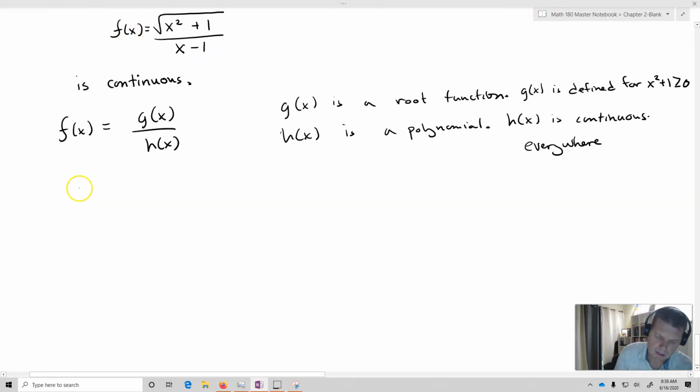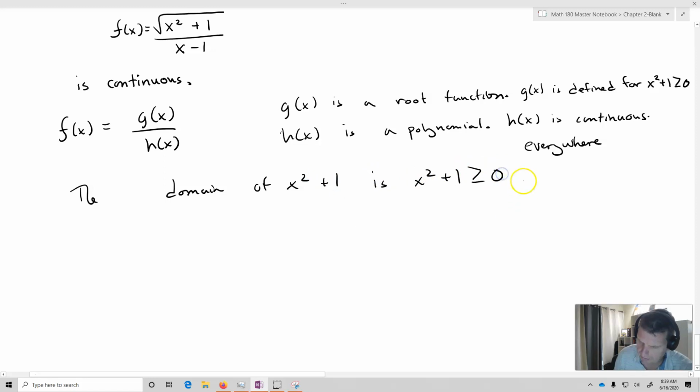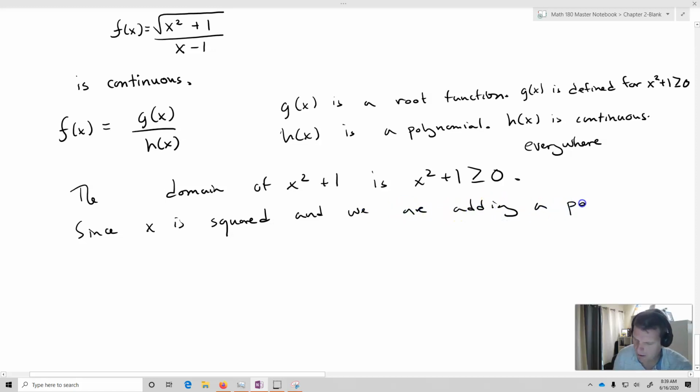The domain of the square root of x squared plus 1 is x squared plus 1 greater than or equal to 0. Well, since x is squared, and we are adding 1, we are adding a positive number.